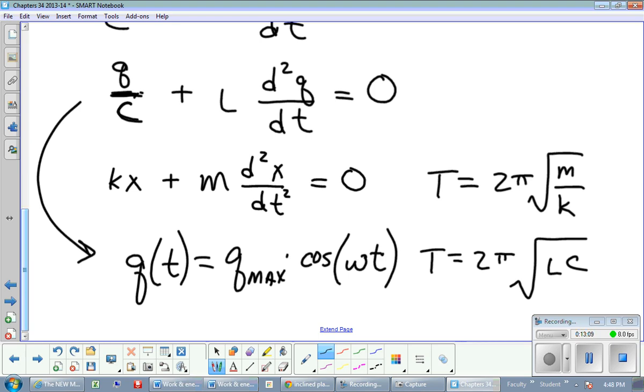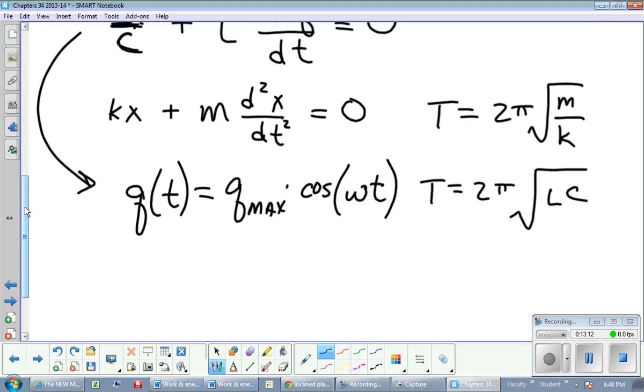We always use omega for what we call the angular frequency, but for these different systems, what does angular frequency mean? Well, in this case, to get this solution to work properly in the differential equation, it only works when omega is the square root of 1 over LC. So we call that the angular frequency. Just like we had an angular frequency for mechanical systems of radical k over m, now we have an analogous angular frequency for electrical systems.